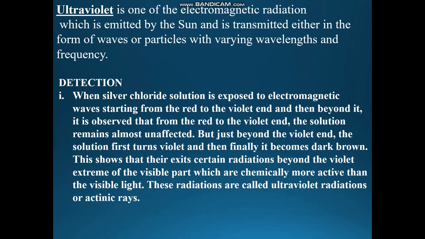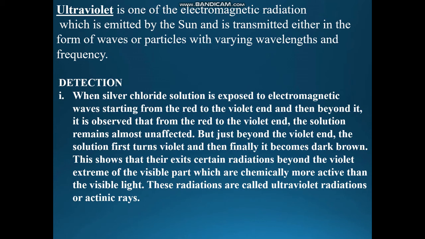When silver chloride solution is exposed to electromagnetic waves starting from the red to the violet end and then beyond it, that means silver chloride solution is taken from red towards violet and beyond violet.